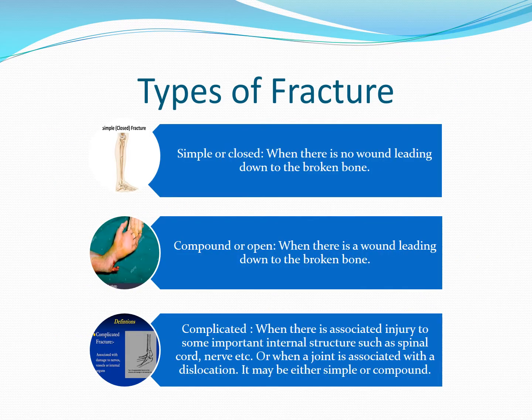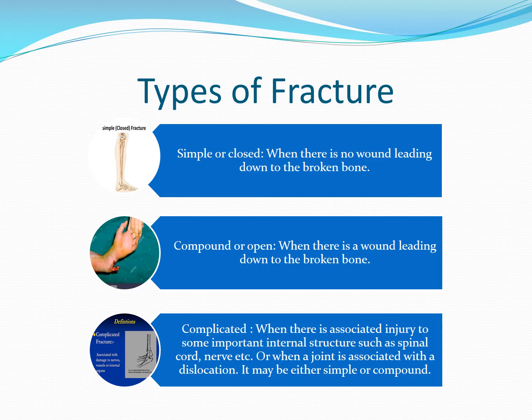Types of fracture. There are three types of fracture. Number one, simple or closed fracture: when there is no wound leading down to the broken bone. Number two, compound or open fracture: when there is a wound leading down to the broken bone.